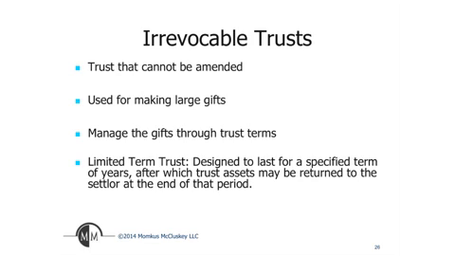Irrevocable trusts, on the other hand, do provide a few more opportunities for asset protection from the standpoint that the trust maker is then giving the assets to the trustee and therefore the trust, and they are no longer the owner of that particular asset.